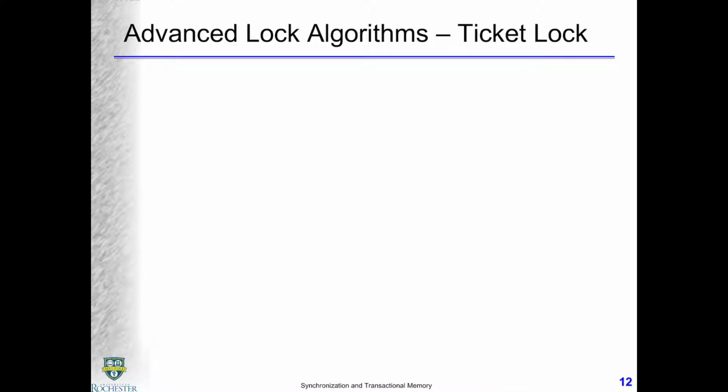So what did we do? We did test and set, which is really not that much of a big leap forward. It's sort of what you should have done to begin with, and not the simple test and set. And here are the real advanced critical section guarantee lock algorithms. Ticket lock.